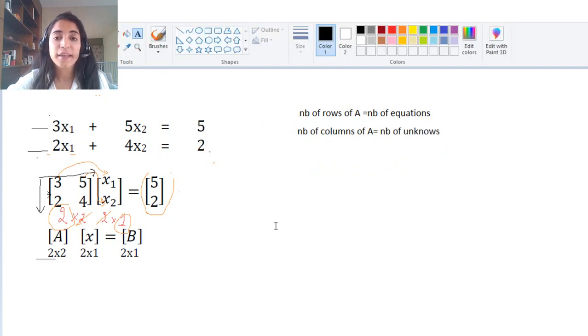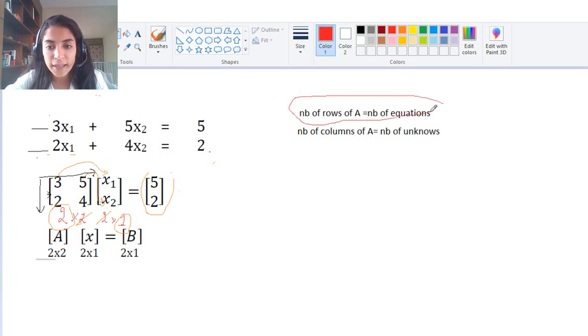And I know, guys, that in order to solve a system of simultaneous equations, the first condition is that the number of unknowns is equal to the number of equations, which means, guys, that the number of rows of A should be equal to the number of columns of A, because the number of equations should be equal to the number of unknowns.